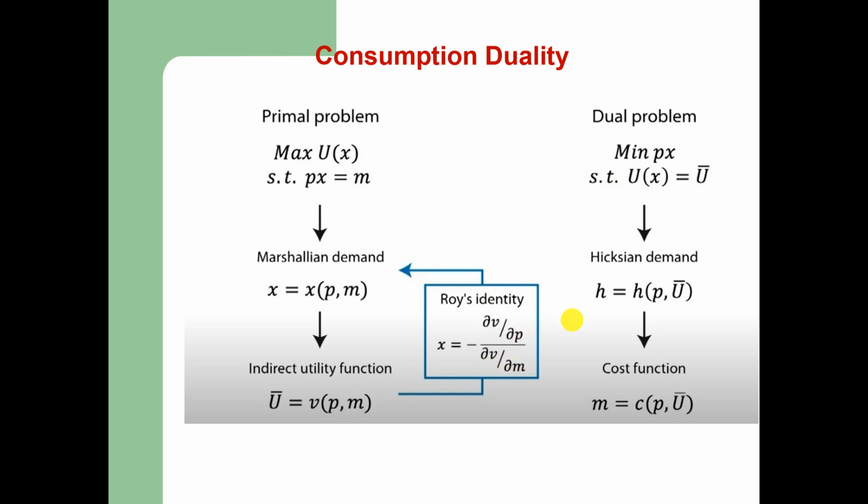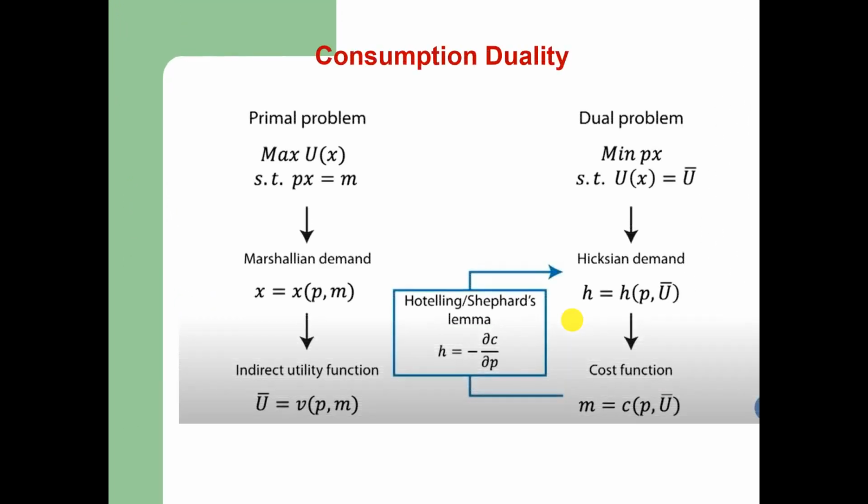Similarly, we can also go back in backward direction from the cost function through Shephard's lemma, and if we rearrange, we get the Hicksian demand function. So this means that if we take the partial derivative of the cost function with respect to p, we get Shephard's lemma, which can be used to derive the Hicksian demand function.